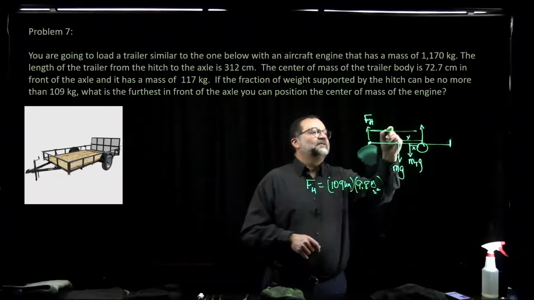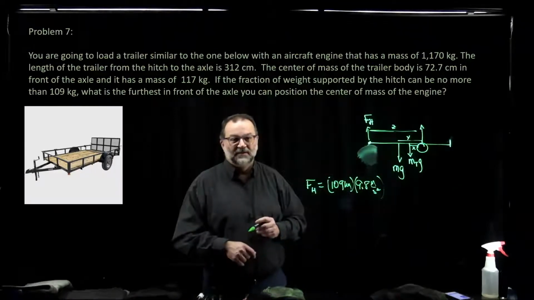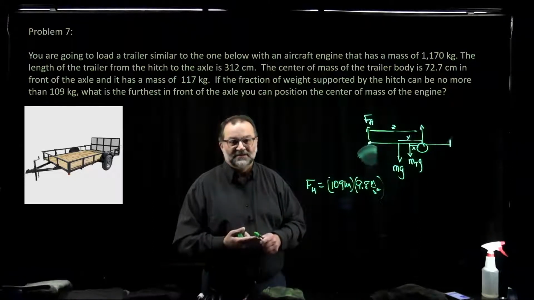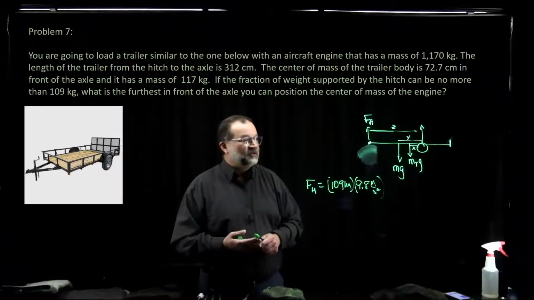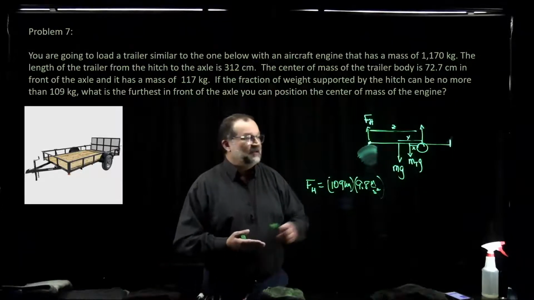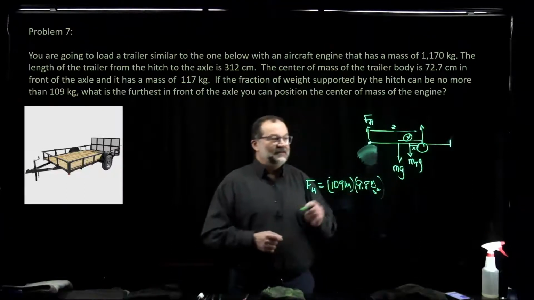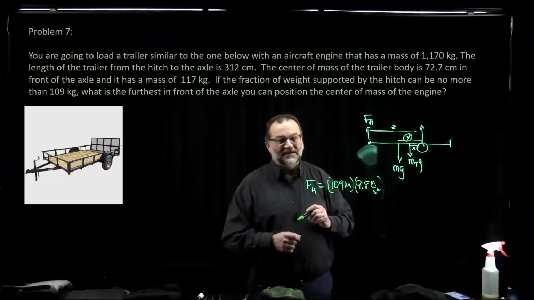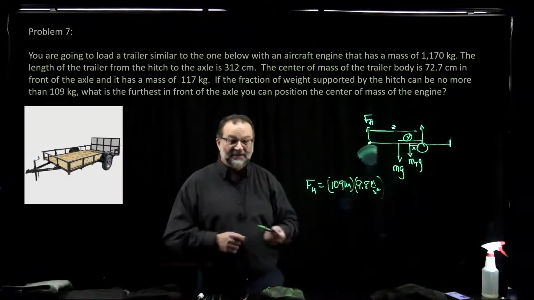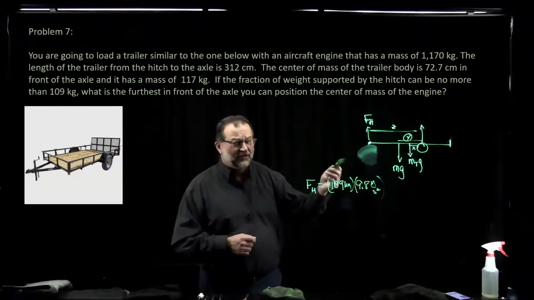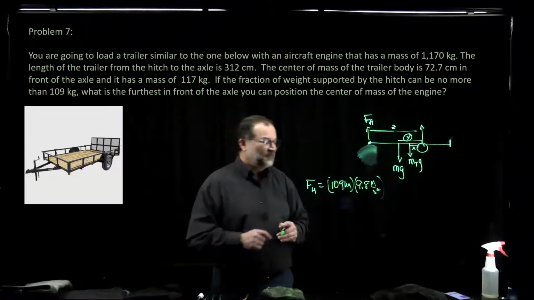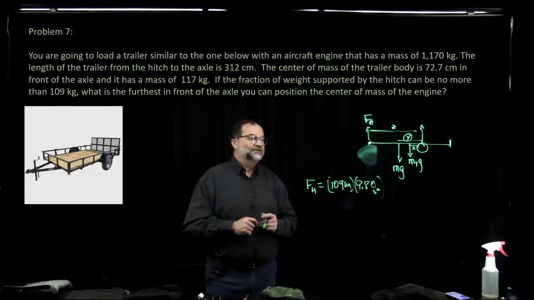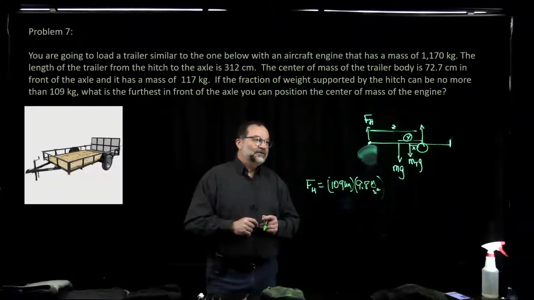I'll call that Z. So we've got the engine, we've got the distances, we've got the trailer body, and so the thing we don't know is what can that Y be and meet this condition up front, that the amount of force that we're asking the hitch to provide is no more than its limit. And you're going to want to stay a little ways away from that because you're going to hit bumps and bumps. If you ever pull a trailer, you want to be careful with this.